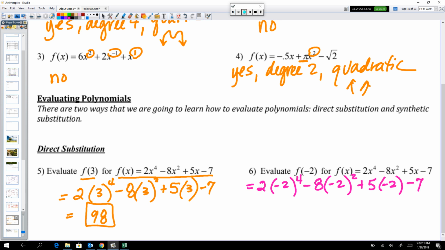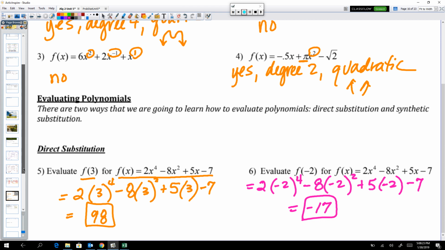So you should enter negative 2 to the 4th, negative 2 to the 2nd in for x. And go ahead and evaluate that as well, and then check your work. Alright, hopefully you paused the video and punched that in, and you should have negative 17. Please pause the video if you did not get negative 17 and retry that. We want to make sure that we get these points on the quizzes and tests to make sure that we've got these skills down pat.